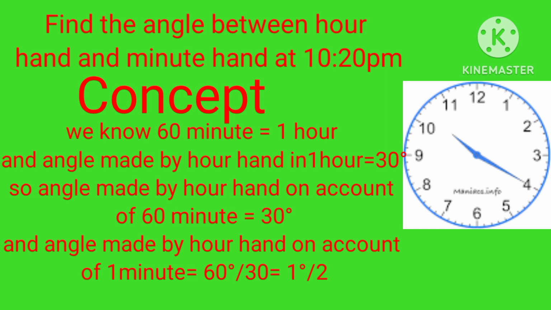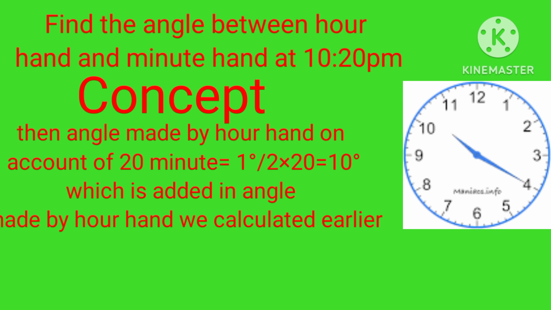We know 60 minutes is equal to 1 hour, and the angle made by the hour hand in 1 hour is equal to 30 degree. It means the angle made by the hour hand on account of 60 minutes is equal to 30 degree, and the angle made by the hour hand on account of 1 minute is equal to 30 degree divided by 60, that is equal to 1 by 2 degree.